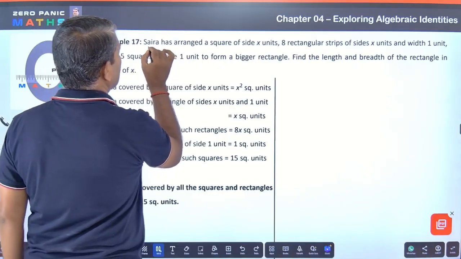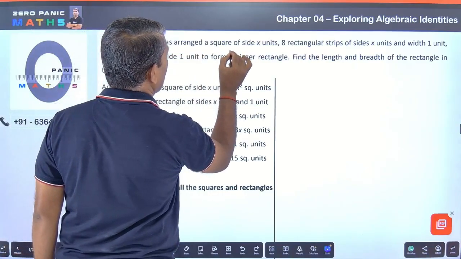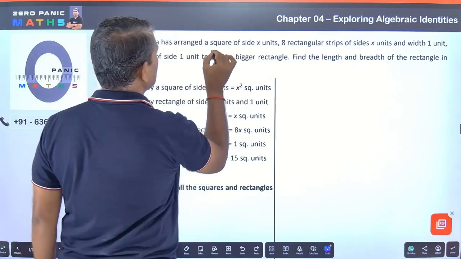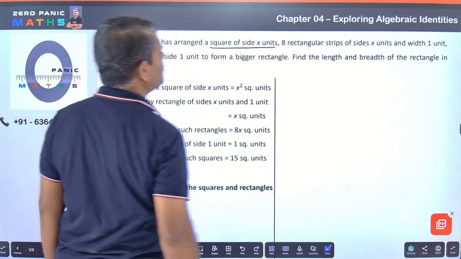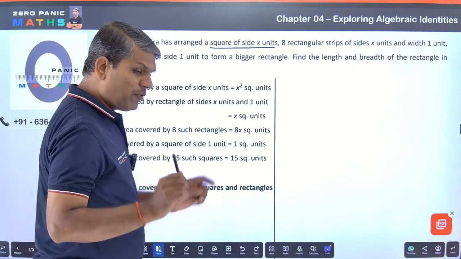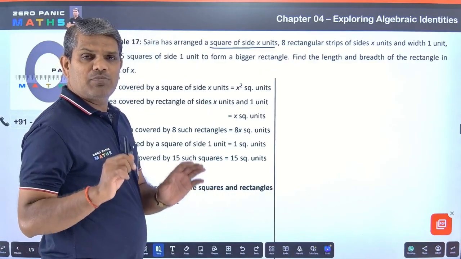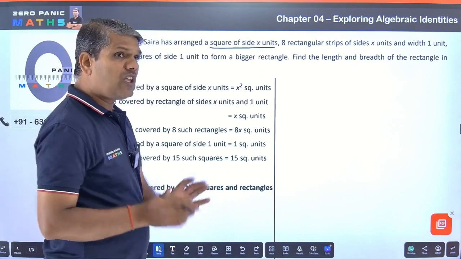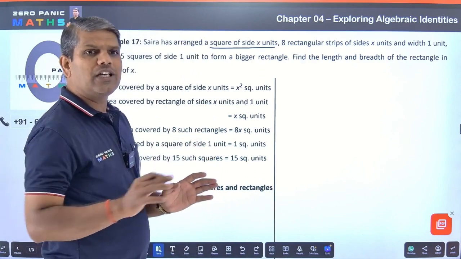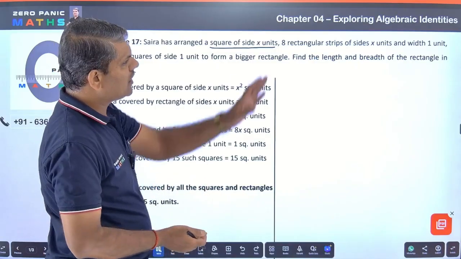It says Saira has arranged a square of side x units. Before we start discussing this, you have to go through all the sessions that are covered in chapter 4.